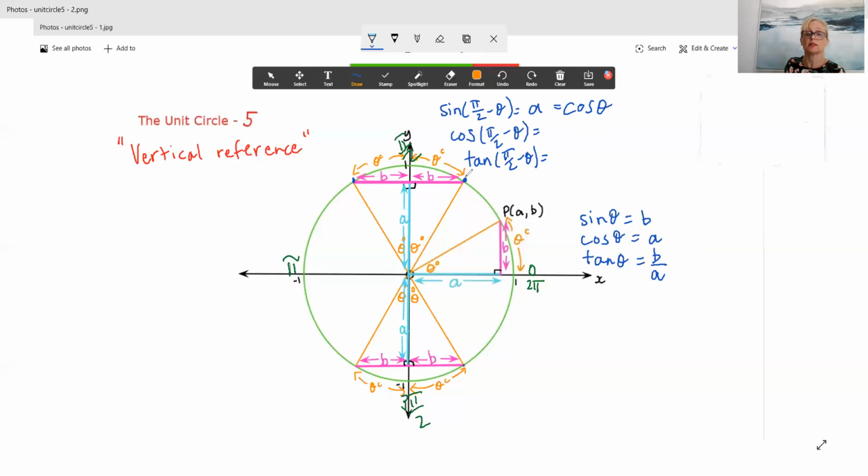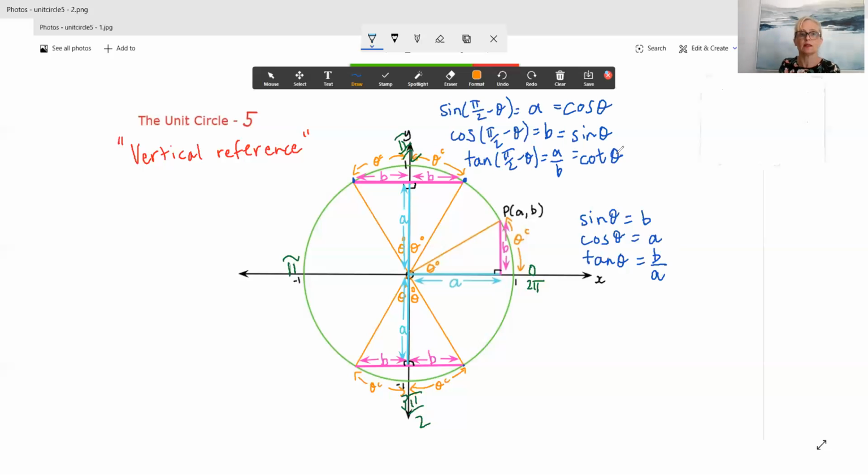Cos at this point here is your x value, and because you've gone across by b, it's going to be b. That's in fact the same as sine of theta. Tan is going to be a on b, which is the reciprocal of tan of theta. We call that cotan, we just write cot.